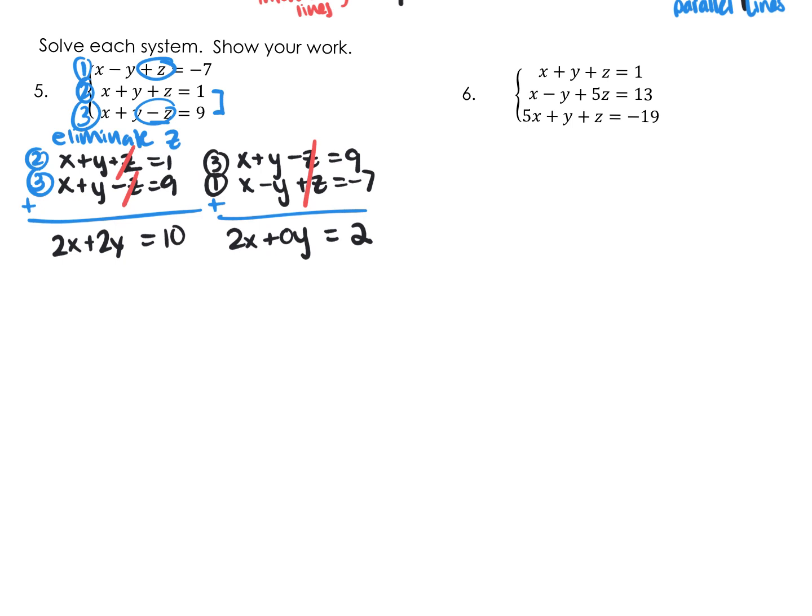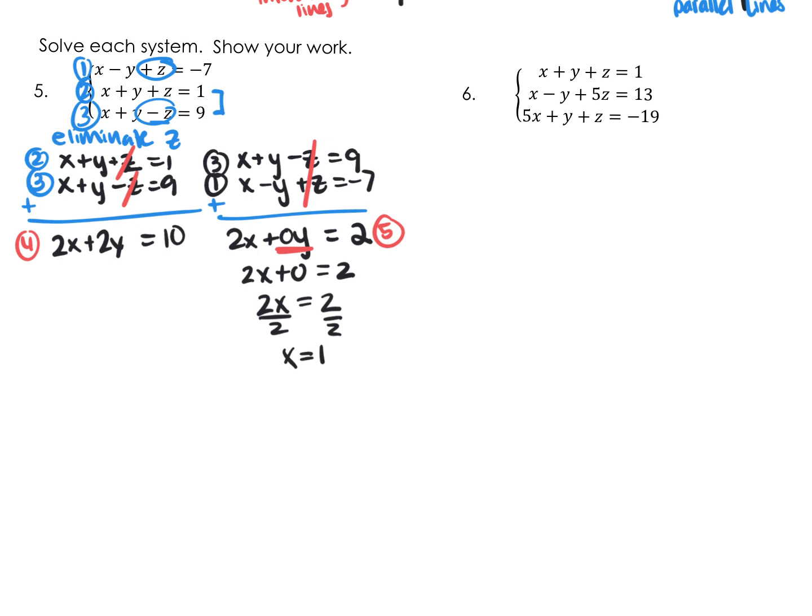Now, we may have to take these 2 equations, call this 4 and 5, and solve these equations. We have 2 variables and 2 equations, so we know how to do that. But we got lucky on this one because of the 0y, because that's the same thing as 0. So 2x plus 0 is 2, and we can solve this equation without using elimination. We just divide by 2, and we get x is equal to 1.